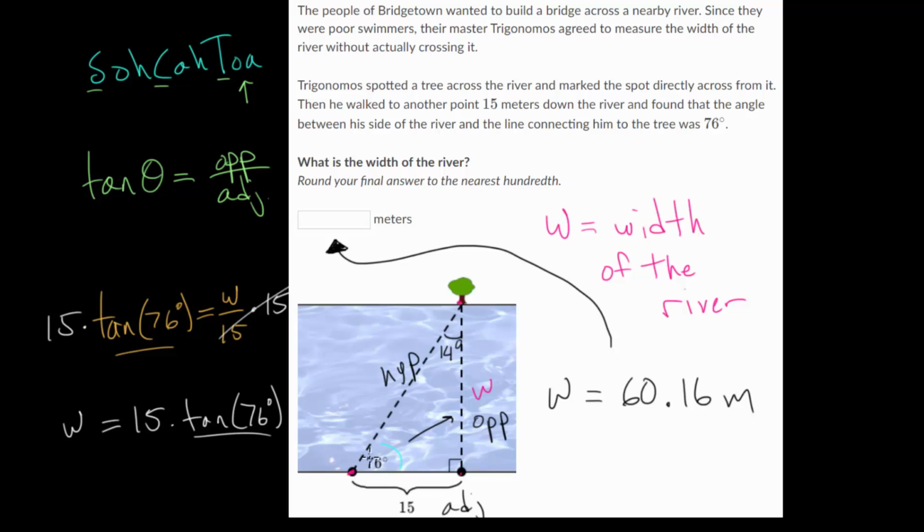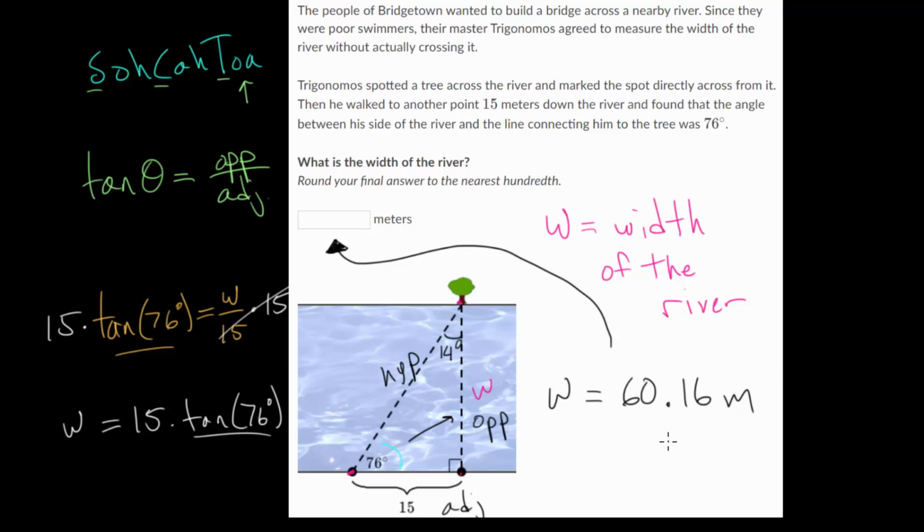And since 76 is significantly bigger than 14, we would expect our width to be significantly bigger than 15, which it is. But it will still be smaller than the hypotenuse, since that is across from the biggest angle, the 90-degree angle. The hypotenuse is always the biggest side.